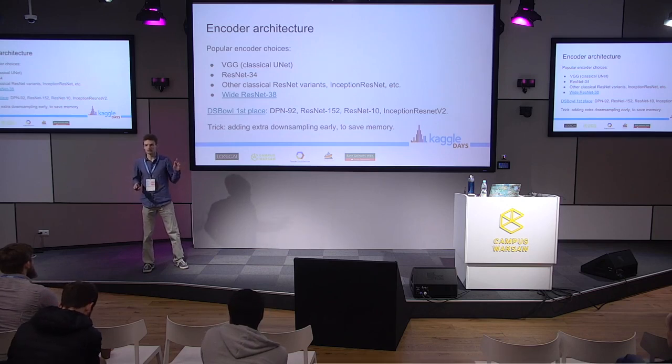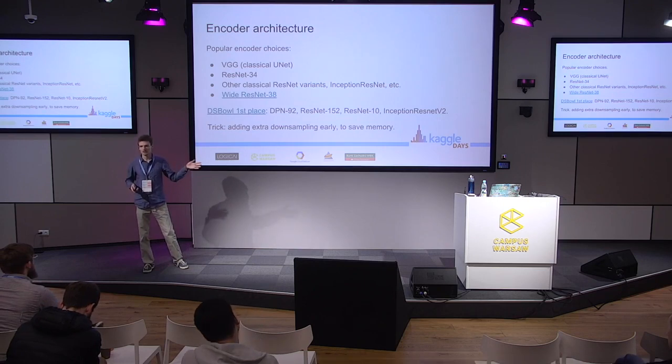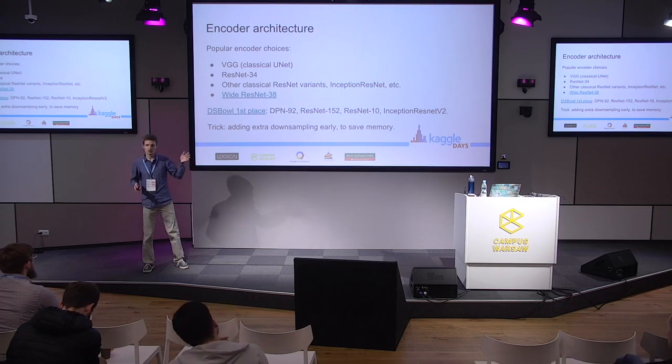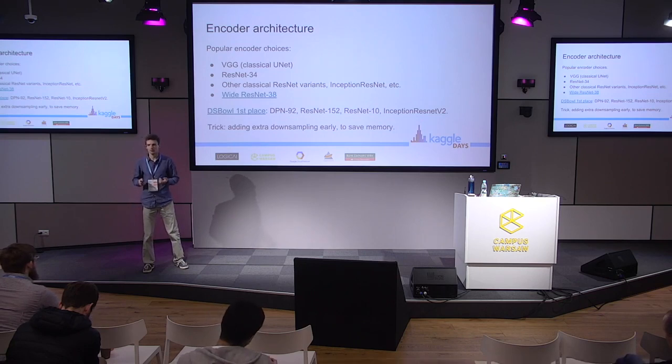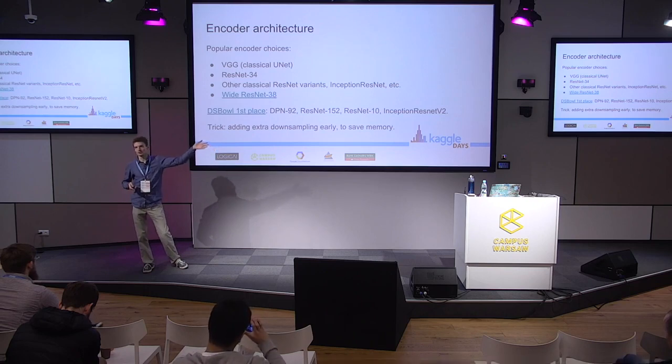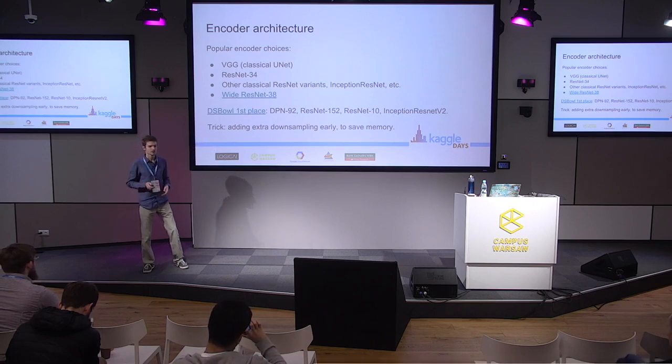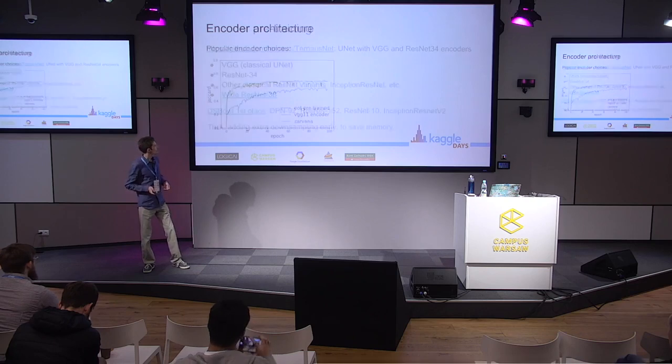It is to insert some extra downsampling operations into an existing encoder, and this way the size of the features will be smaller and you'll use less memory and it will perform faster. So it can be really important. For example, you can insert it after the first few convolutions or even right at the start.